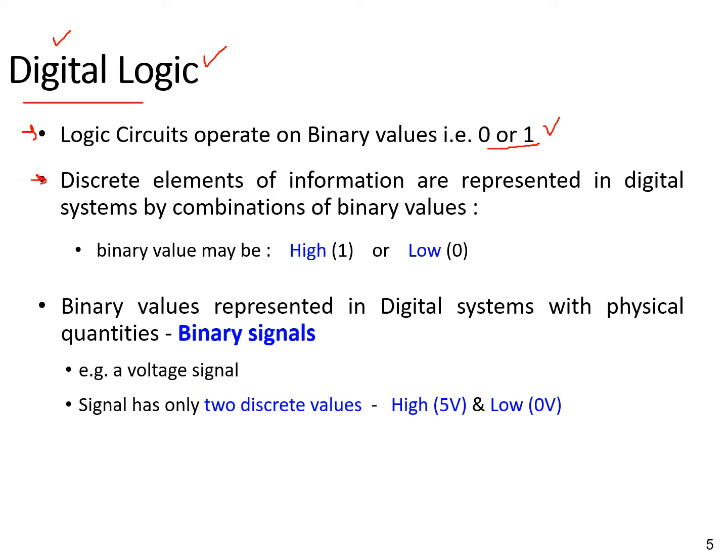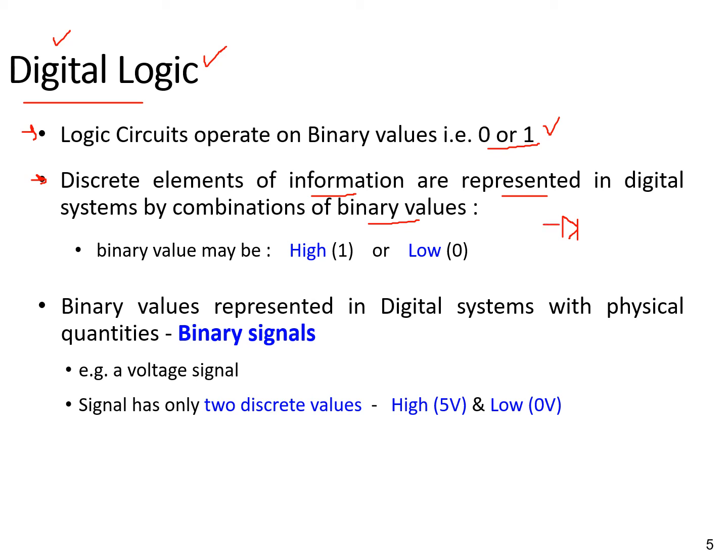Secondly, you can see that discrete elements of information are represented in a digital system by a combination of binary values. Let me tell you that electronic devices like the diode may be operated in two modes.